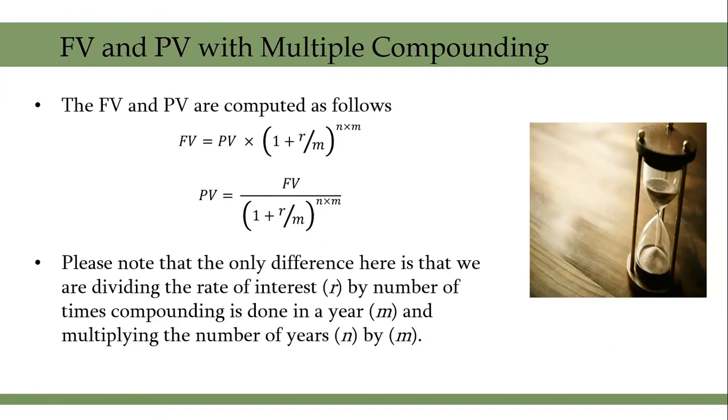The only difference here is we are dividing the rate of interest by the number of times compounding is done in a year, that is m, and multiplying the number of years n by m. This is the only difference we have. Otherwise, our formula that we studied in the first session remains the same.